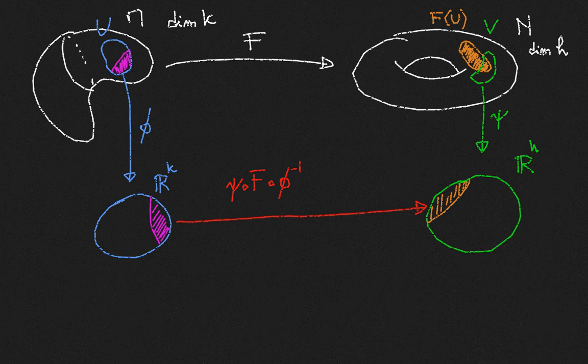We ask this map to be smooth. So smooth maps between manifolds are just things that, when you go down via the coordinate charts, are smooth between open sets of R^k and R^h. So it just means that the components are C infinity or whatever.